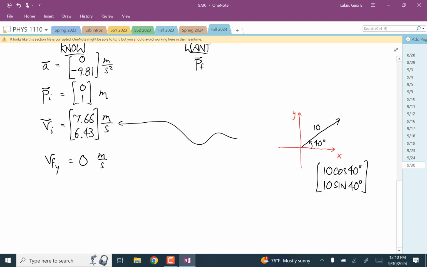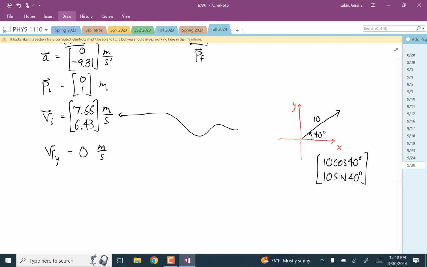Okay, so we want to calculate Pfx and Pfy. We can do it in any order. So you can just ask yourself, can we calculate either one of those? I think we can calculate Pfx using this equation.